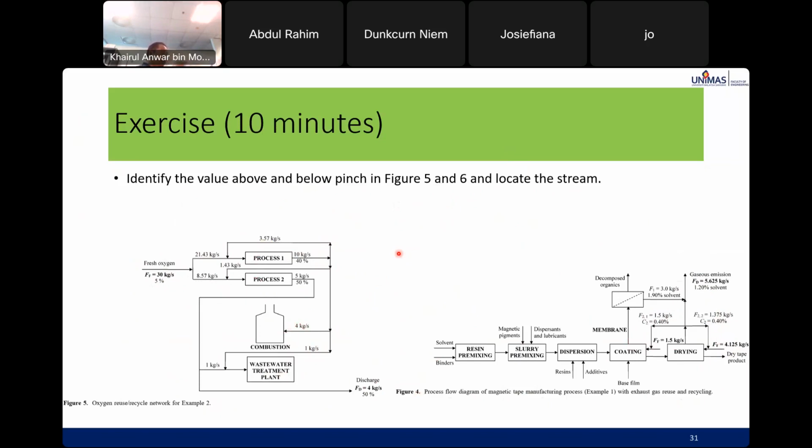Once you locate the pinch, you can see what is the stream here, and confirm that the value above and below the pinch for these two processes is actually similar to table 3 and table 5.